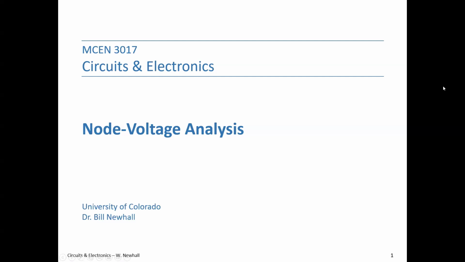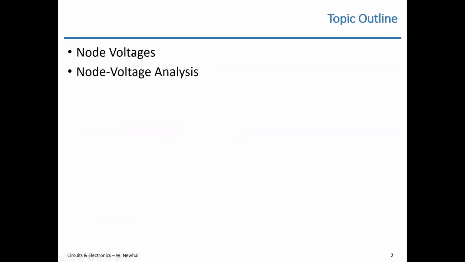Node voltage analysis is a way to methodically write equations and get an answer for voltages throughout the circuit, and then you can solve for currents and powers throughout typically a resistive circuit. Okay, so to talk about node voltage analysis, we need to first define node voltages, and then we'll move on to the analysis part.